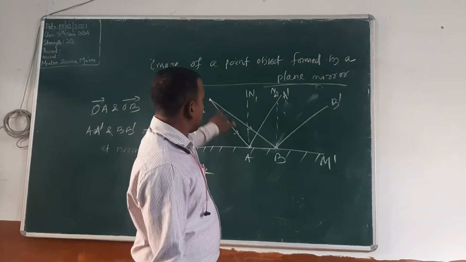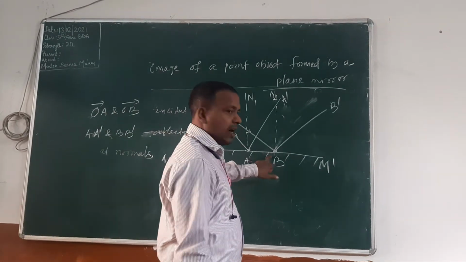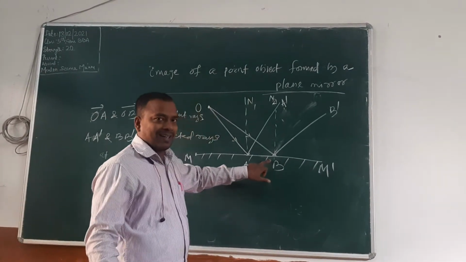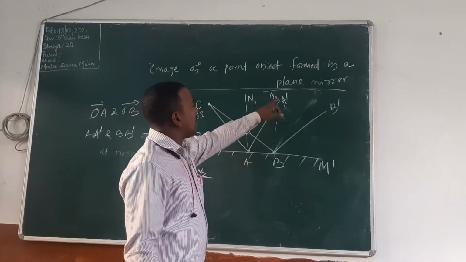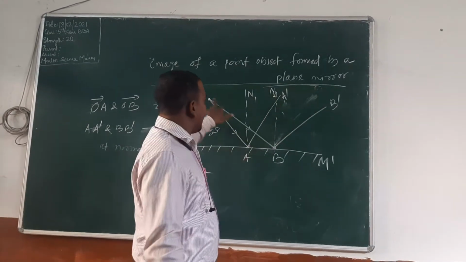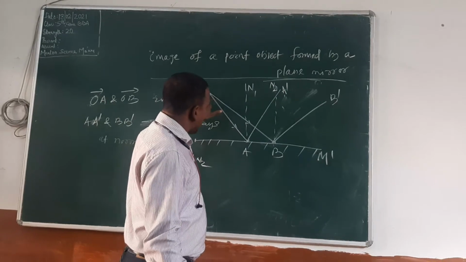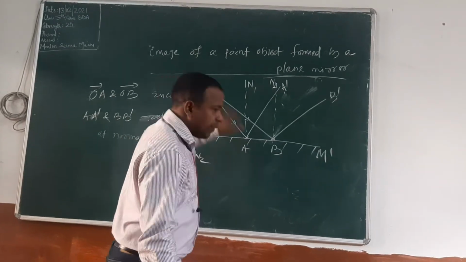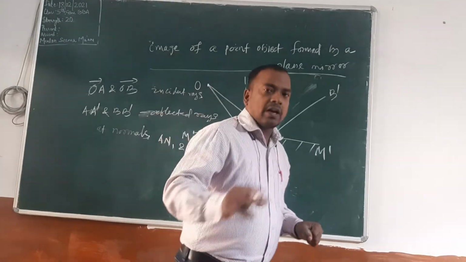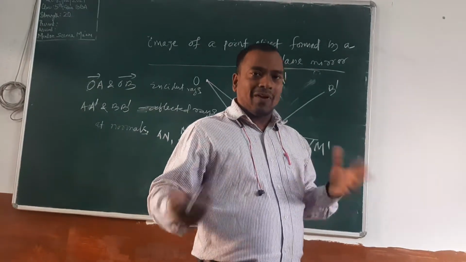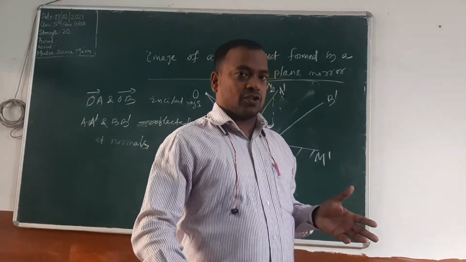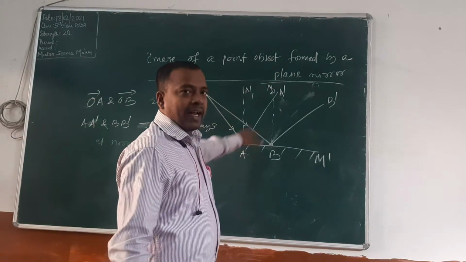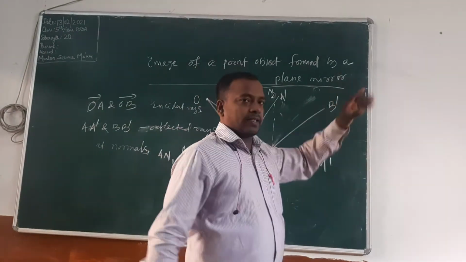That means OA and OB get reflected as A dash and B dash, two reflected rays obeying the laws of reflection.